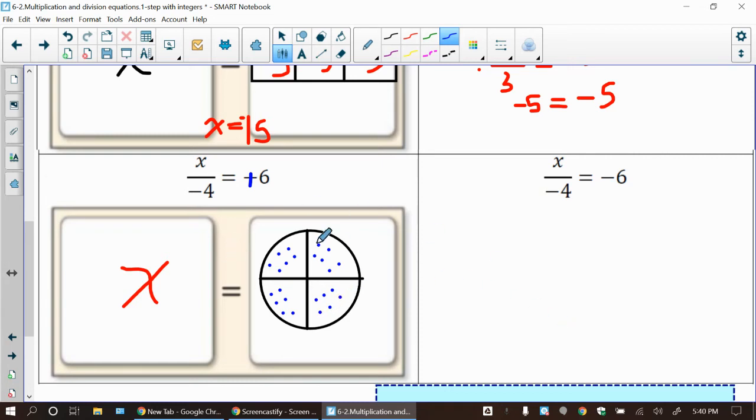If I went through and counted how many positives I have in total: 6, 12, 18, 24. So x is 24.